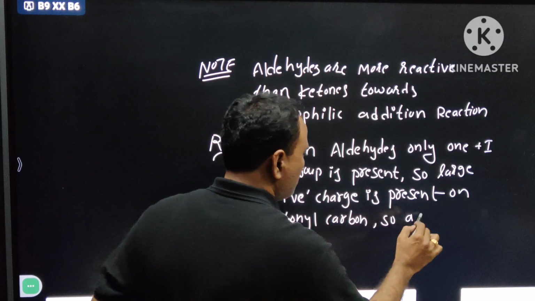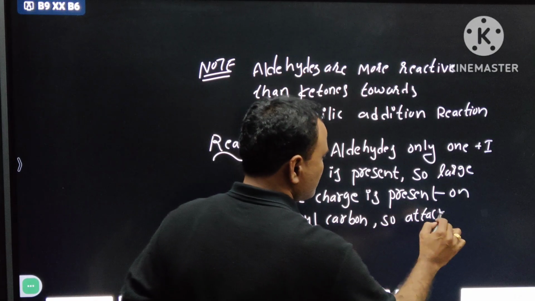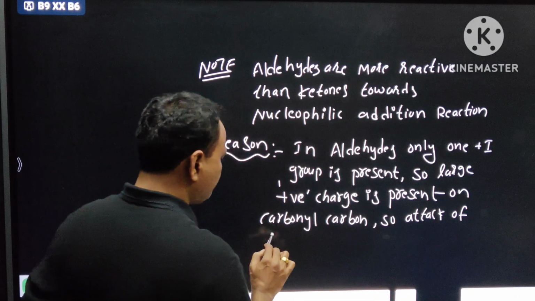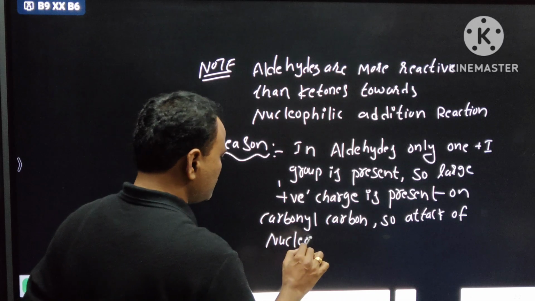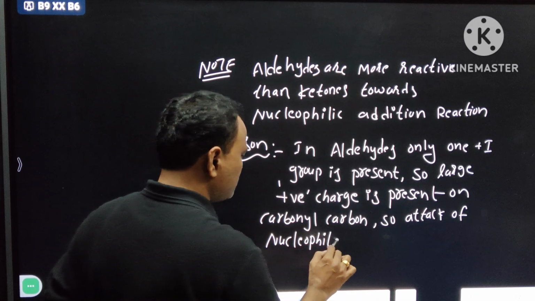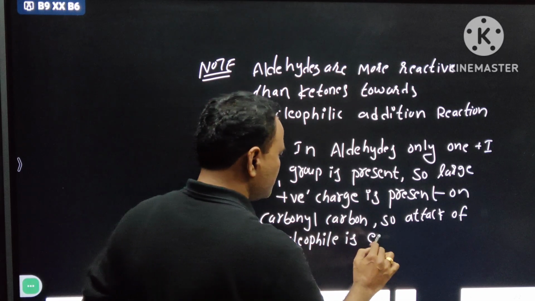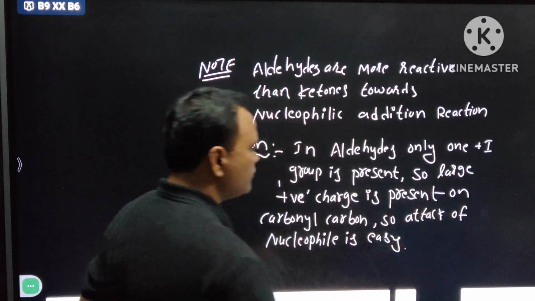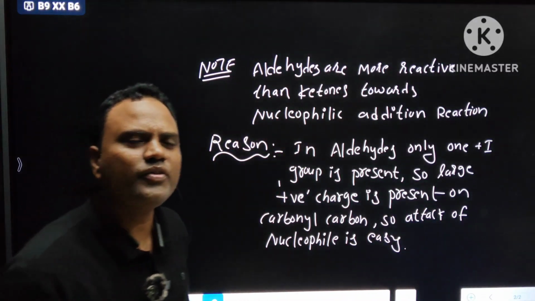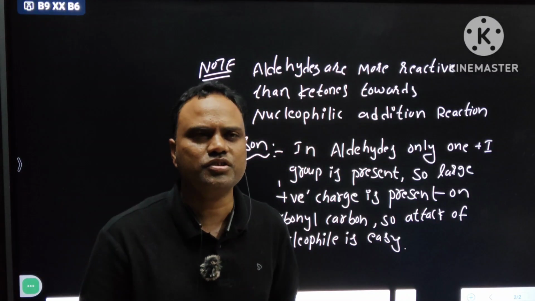So attack of nucleophile is easy, and the rate of reaction is more.